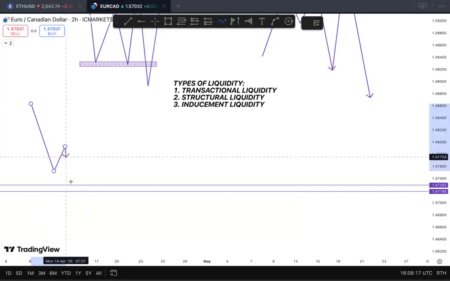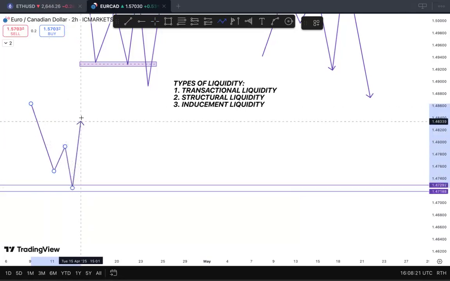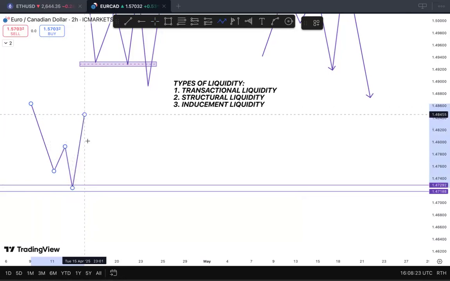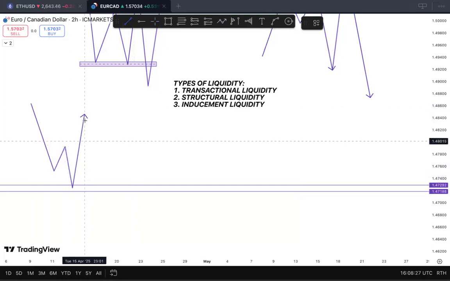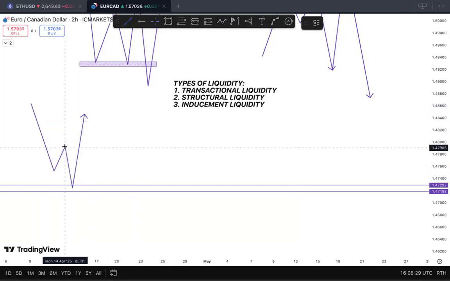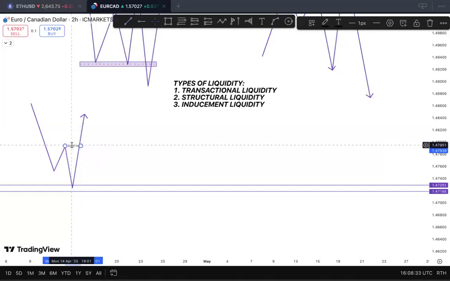We have the sweep, and then boom. So this shift is our transactional liquidity. So we call it T liquidity.